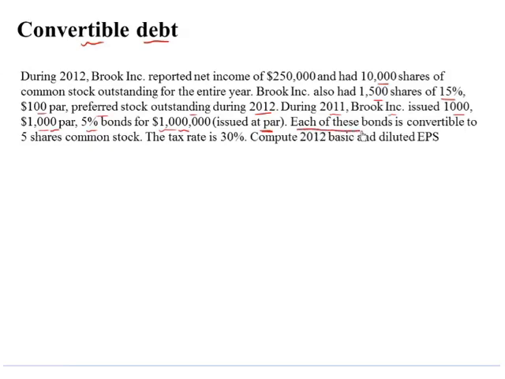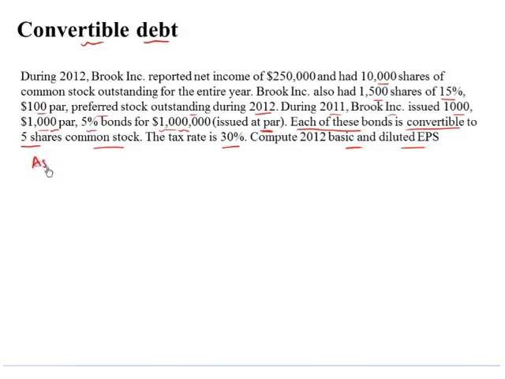Each of these bonds is convertible to 5 shares of common stock. The tax rate is 30%. Compute the basic and diluted EPS. Now please note, the new information is that the bonds are convertible to common stock.